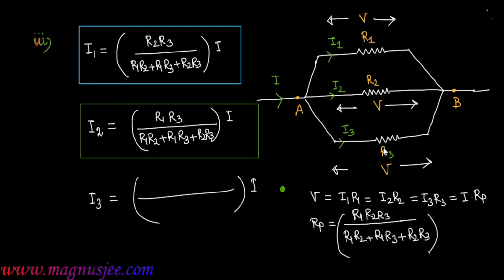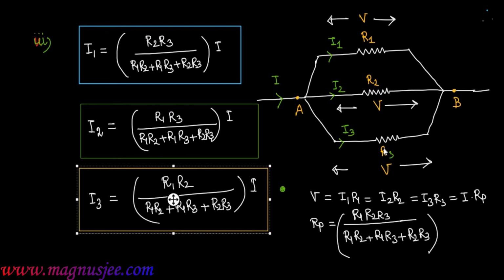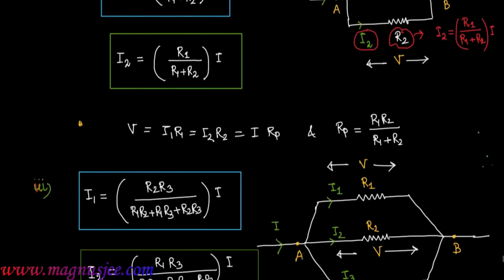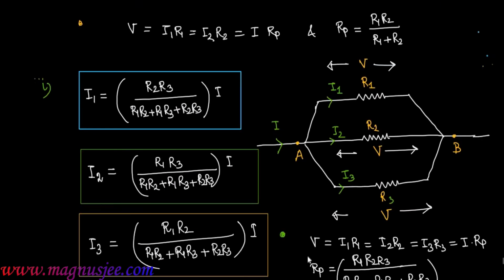And I3 is equal to R1 R2 divided by R1 R2 plus R1 R3 plus R2 R3 into main current I. So I3 is the current flowing through the third resistor of resistance R3, and I3 is equal to R1 R2 divided by R1 R2 plus R1 R3 plus R2 R3 into main current I. That is the current flowing through the third resistor of resistance R3.